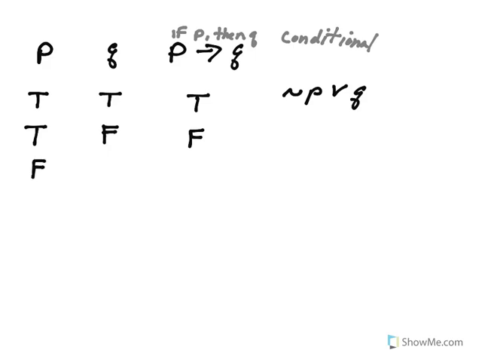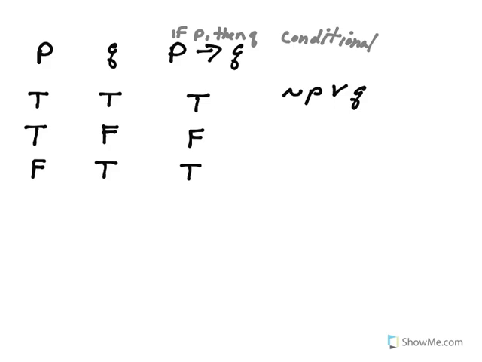And the thing to keep in mind is that you can have a false proposition and a true proposition. Doesn't matter the order. Well, actually it does matter. In this case, if the first proposition is false and the second one is true, then your third result will be true. Previously, if you have a true P statement and a false Q statement, that's the second one, then your overall condition is false.